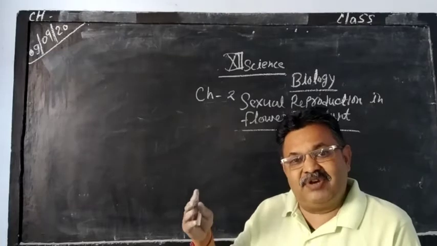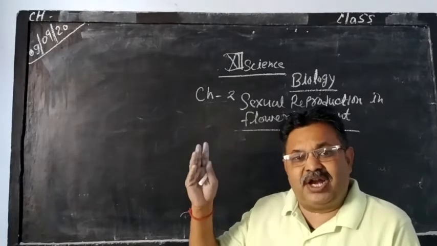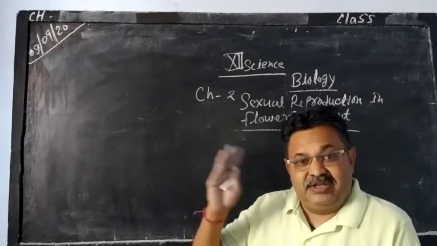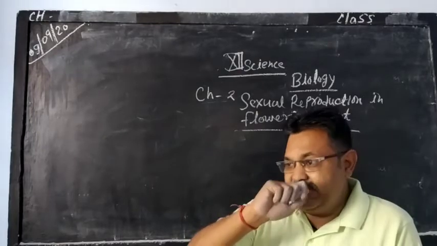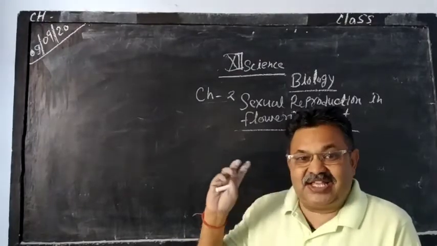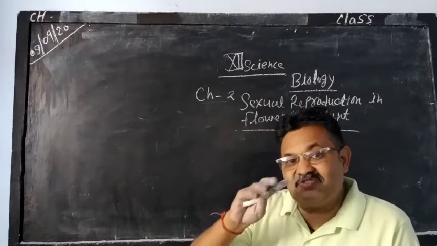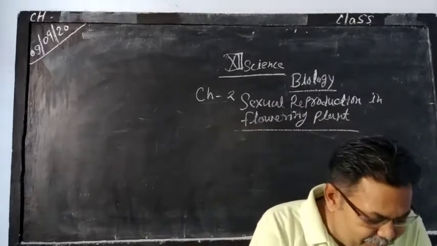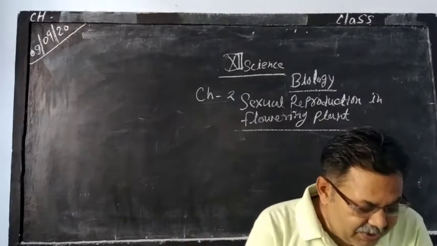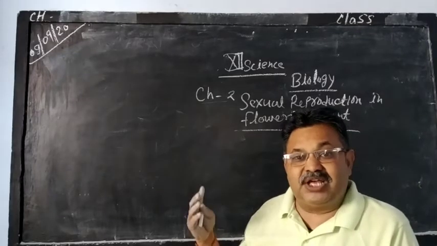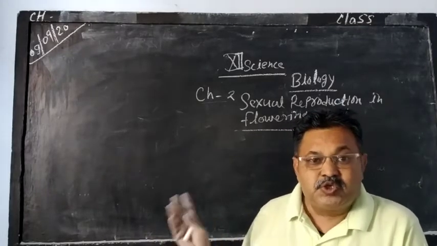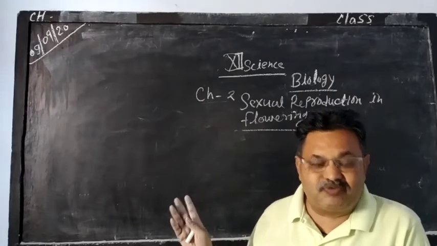If fruits develop from another part of the flower except the ovary, then such types of fruit are known as false fruit. For example, apple. Apple develops from the thalamus of the flower, so it is an example of false fruit.